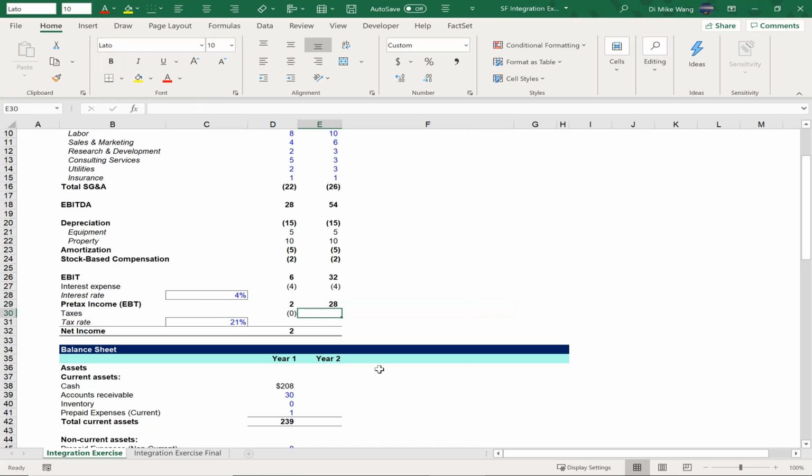We take 21% of tax out, so 28 times 21% gets us to taxes of 6. It's actually, if we move this out a little bit, 5.9. And we end up with a net income number so far of $22.